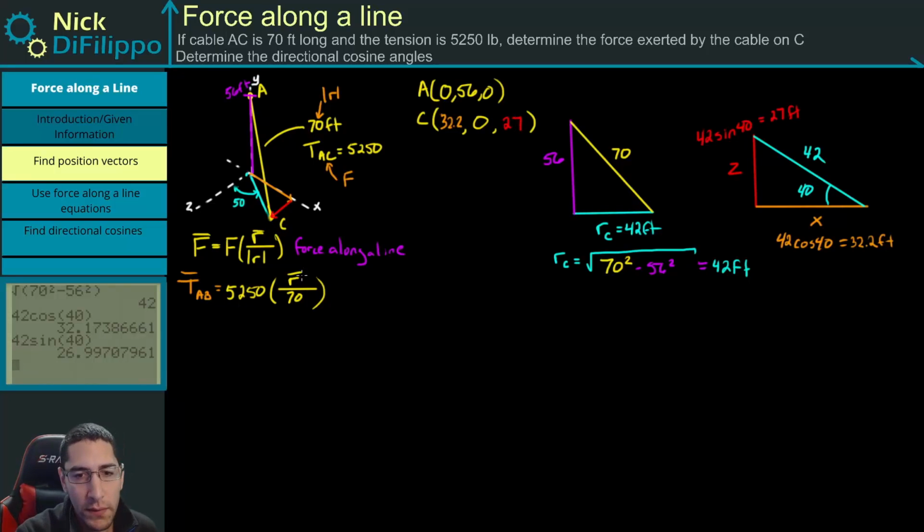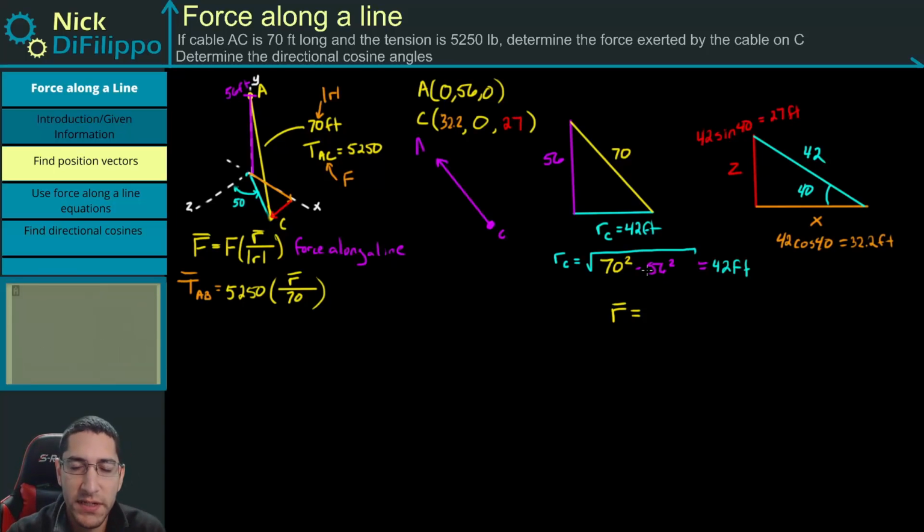And we can figure out what this vector r is. How do we figure out what this vector r is? Well, if I look at this force along the line, and this is position C, my force extends this way, and it goes to A. Now, A has these coordinates, 0, 56, 0. C has these coordinates, 32.2, 0, 27.